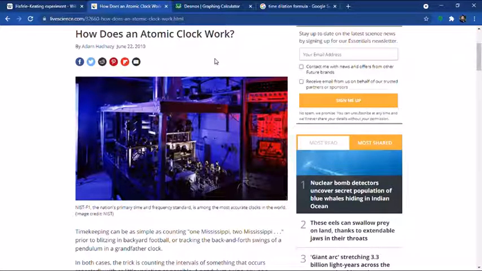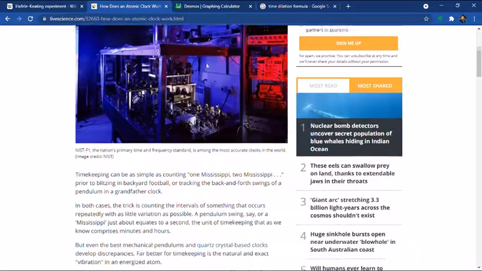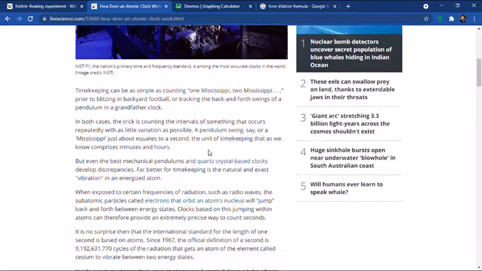And how they adjust the frequency of the light they use is by using atoms and using something called resonance of atoms.